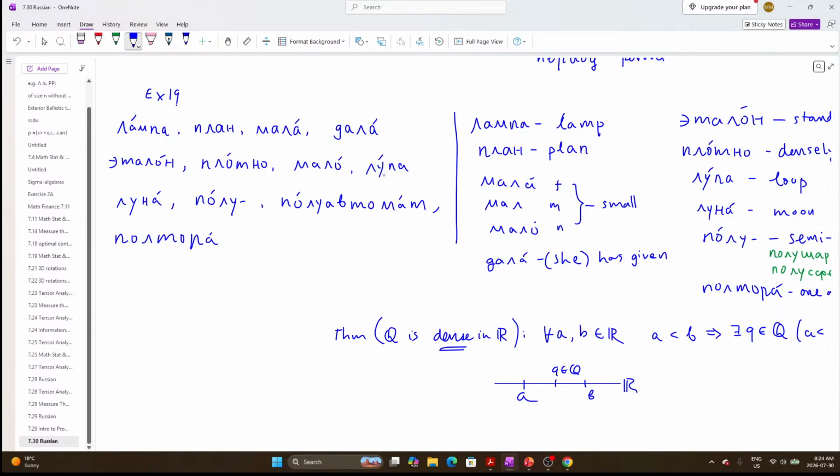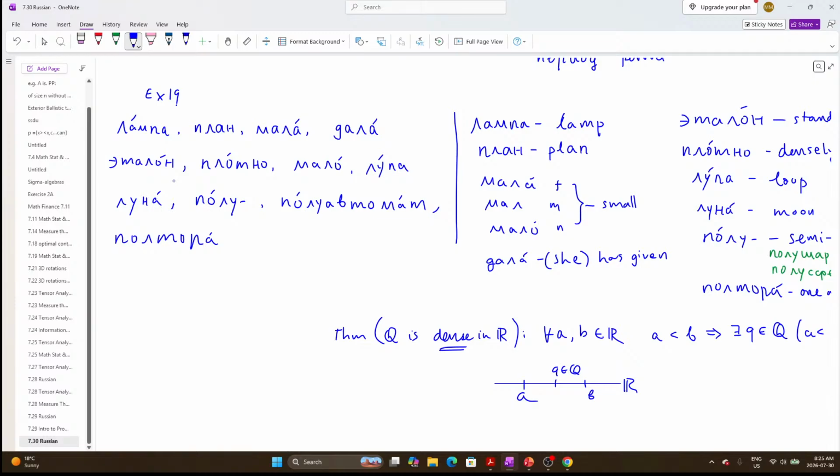Лупа, луна, пол-, полуавтомат. Полуавтомат is like a semi-automatic machine. It didn't have the translation in the text, probably as an example.